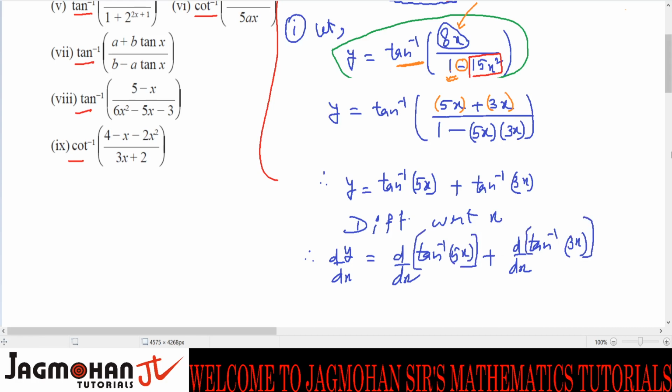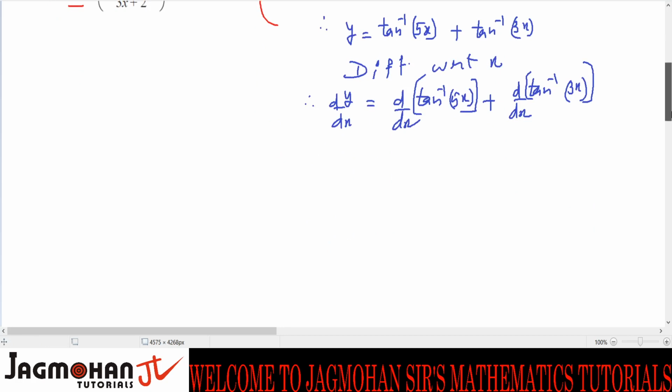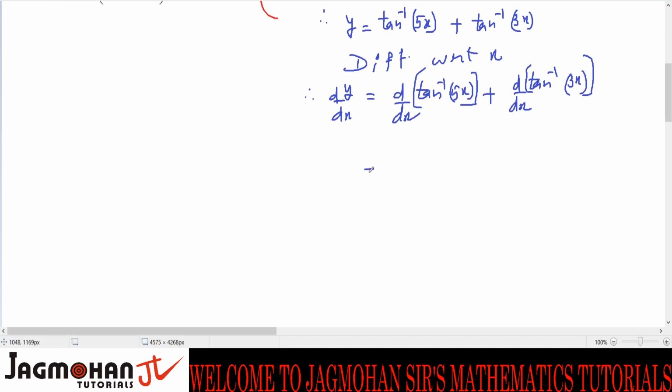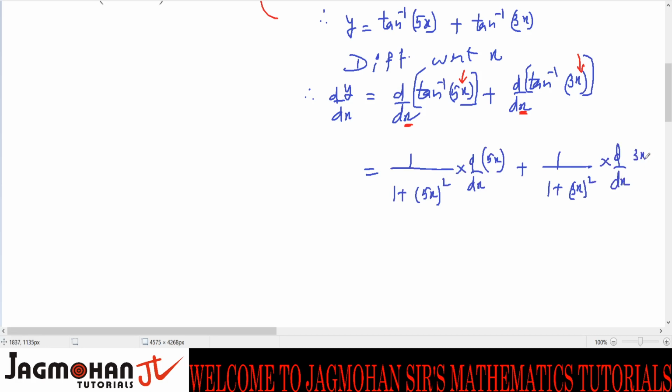Now you notice that both of these are tan inverse functions, and the function has variable 5x and 3x, which is not the same as the variable with respect to which you are differentiating. So its derivative will be 1 upon 1 plus 5x square into d by dx of 5x, plus 1 upon 1 plus 3x square into d by dx of 3x.